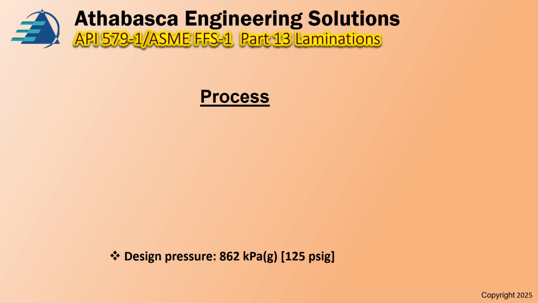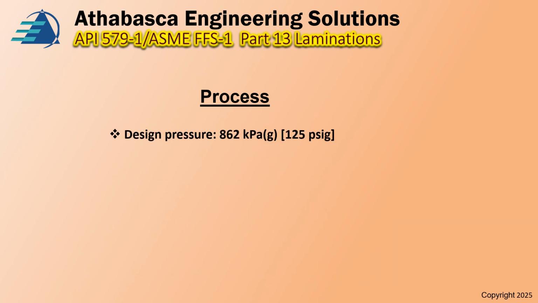The process discipline has indicated that the design pressure remains at 125 psig, or 862 kPa, and we're working with that in this example, but oftentimes it could be lower.